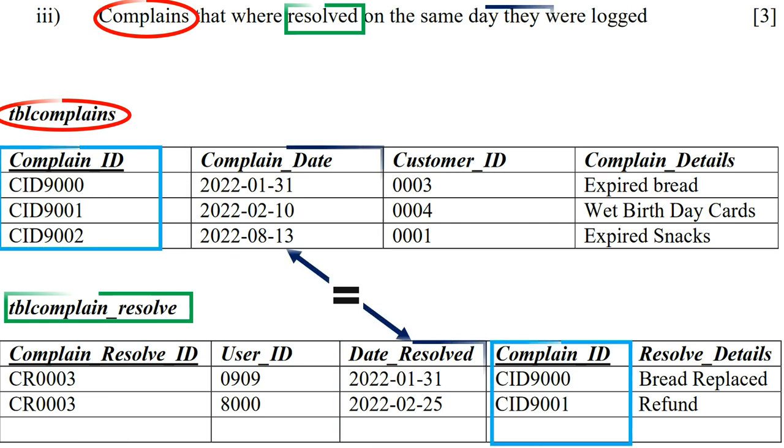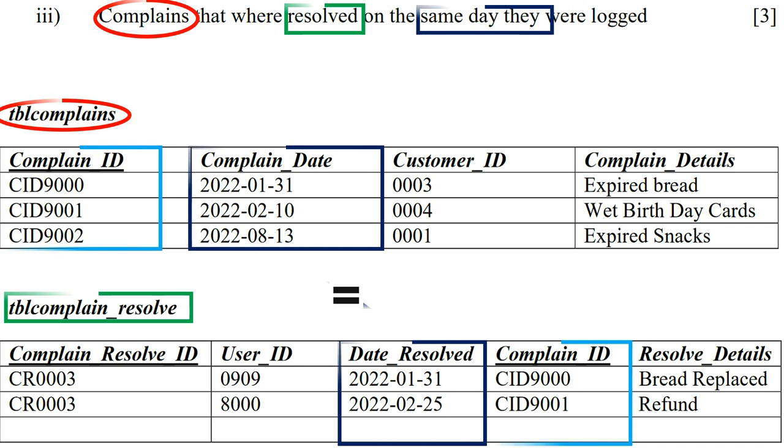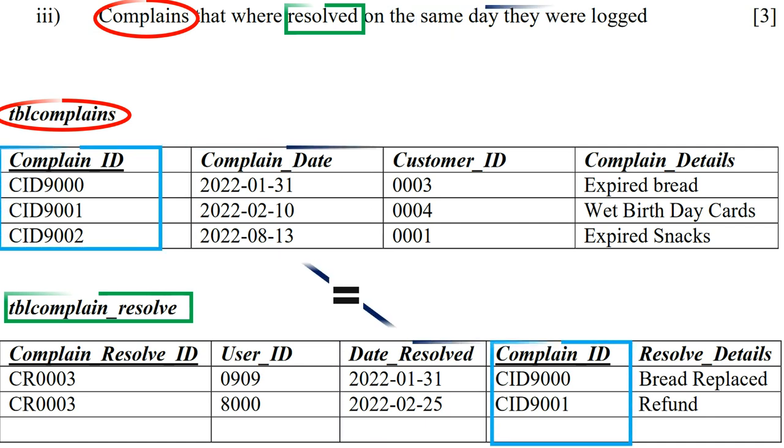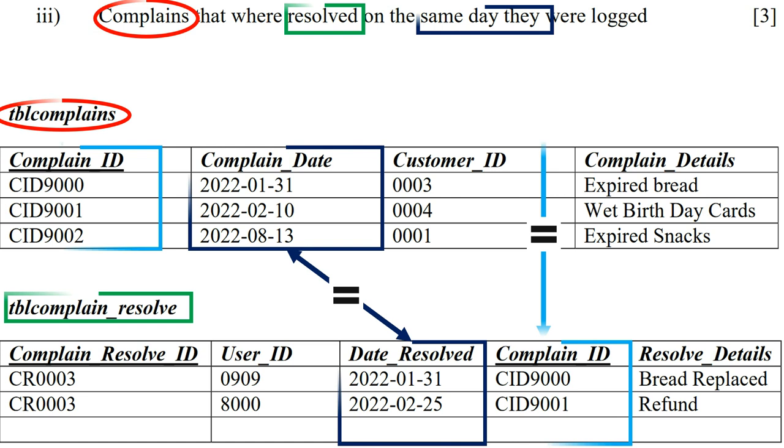The condition that we are using to join these two tables is where complaint ID is equal to complaint ID. So table complaints complaint ID must be equal to complaint ID of table complaint resolve. So that's the join condition, and the complaint date is what is required by the client who is asking us to compute complaints that were resolved on the same day they were lodged.